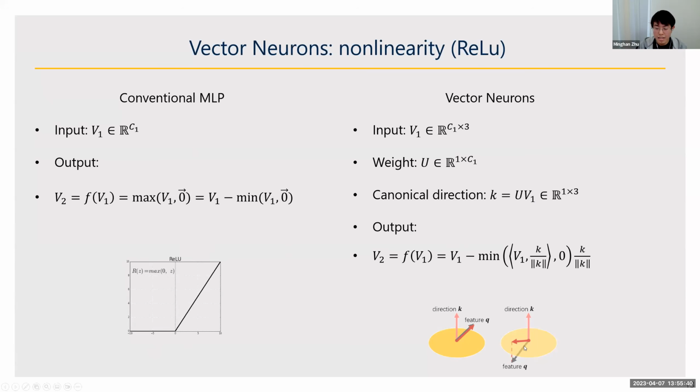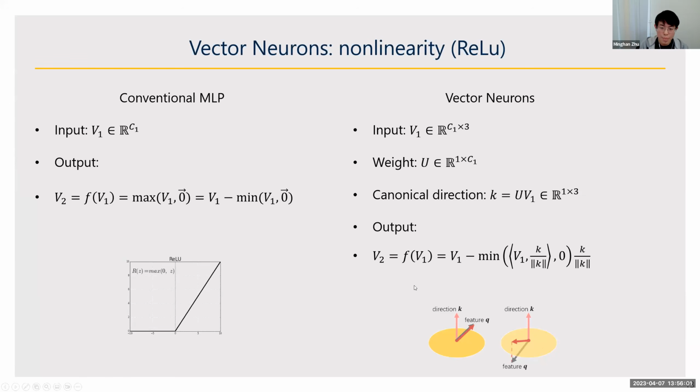And then it will truncate every feature vector that is on the other side of this canonical direction. And every feature vector that is on the same side as the canonical direction will be kept unchanged.